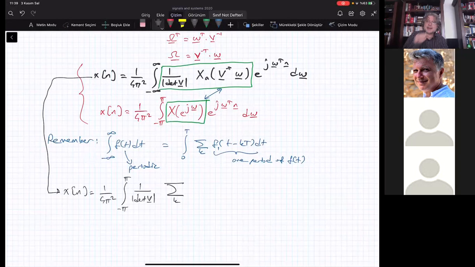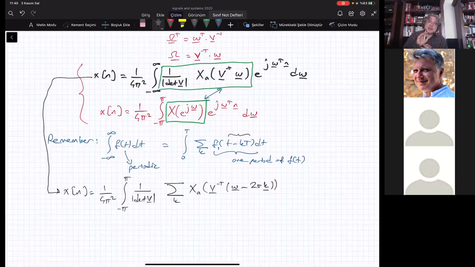I'm applying the blue line here. xa v inverse transpose. Now, for lowercase omega, it has to be periodically repeated like this portion here. So I'm writing omega minus 2 pi k to make 2 pi replicas, both for omega 1 horizontally and omega 2 horizontally.